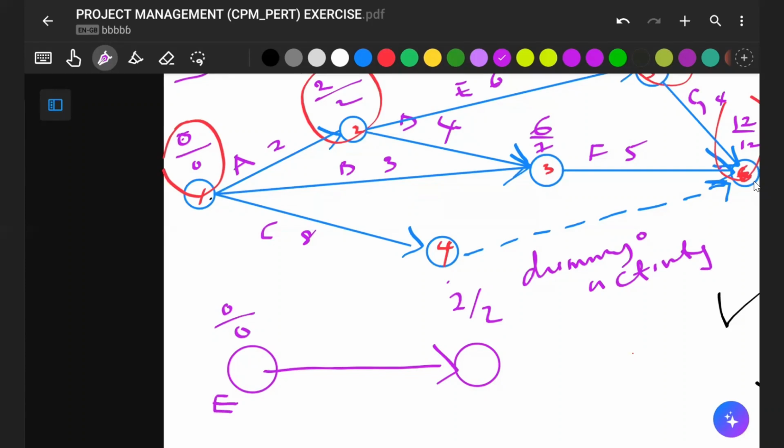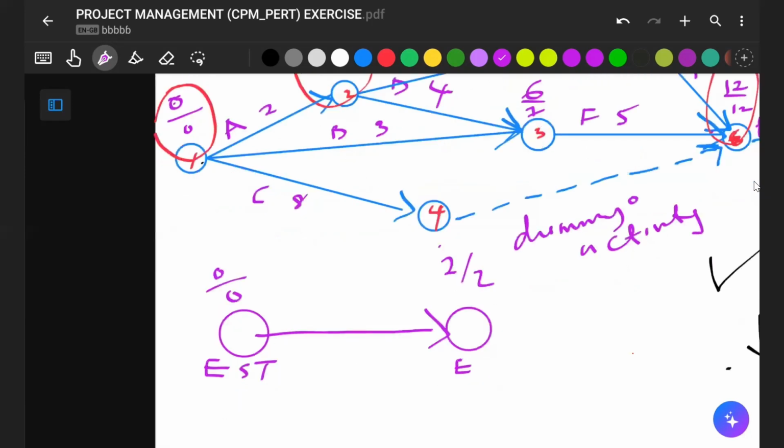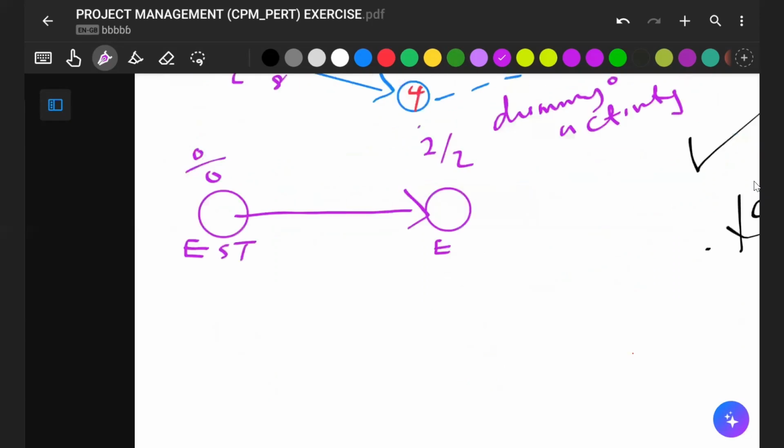And this is the earliest starting time. The number for this one too is also your earliest time, the upper one, and it is your earliest finish time, because A starts from here and finishes here.